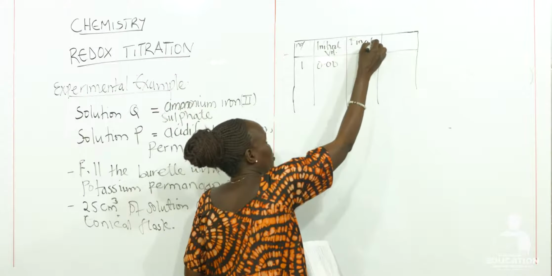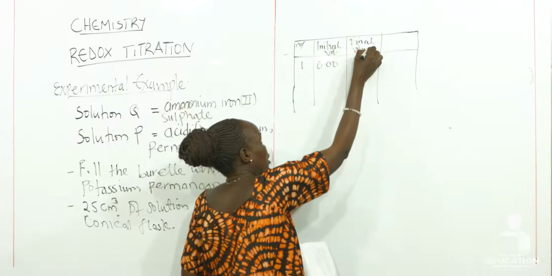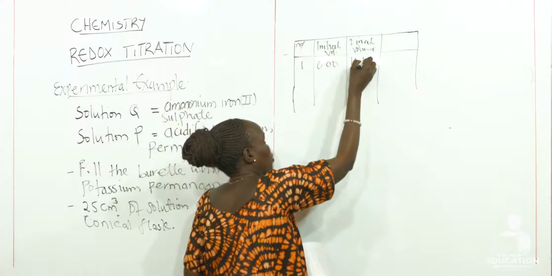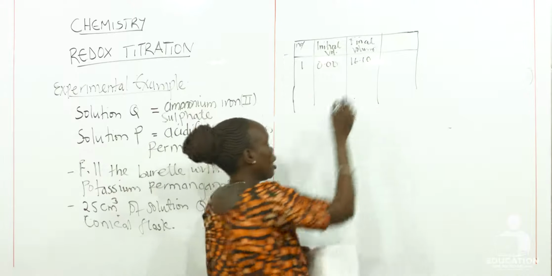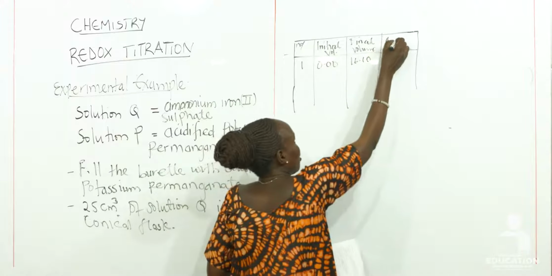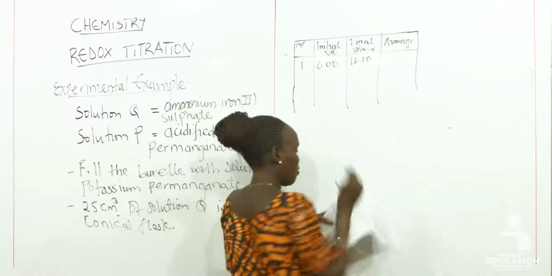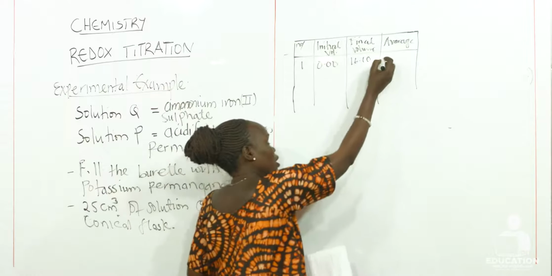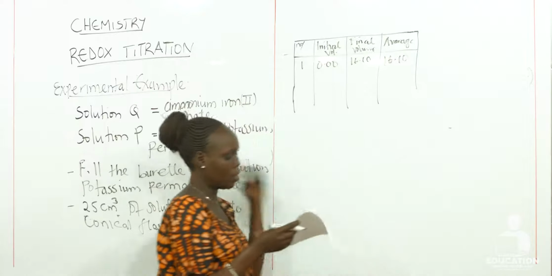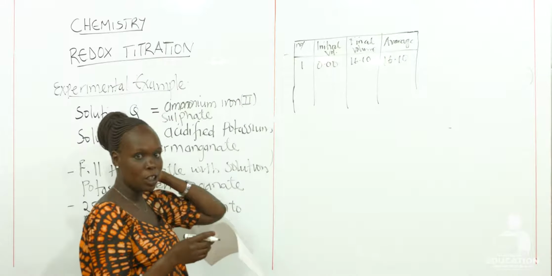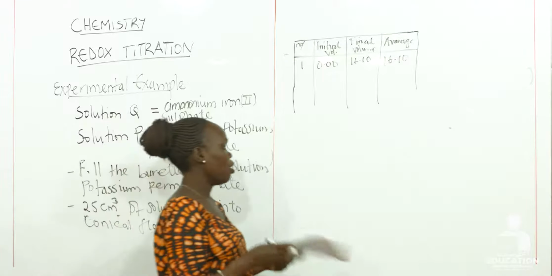The final volume for the first titration is 16.10, and then the average of the volume here will be 16.1. So we need to remember that we are subtracting the initial volume from the final volume.